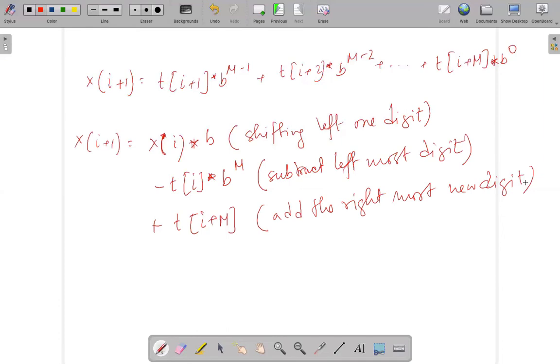So in this way we can slide over, and from the previous xi we can compute the next xi plus 1 in just constant time, okay?